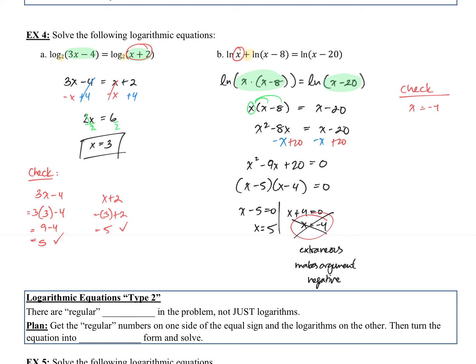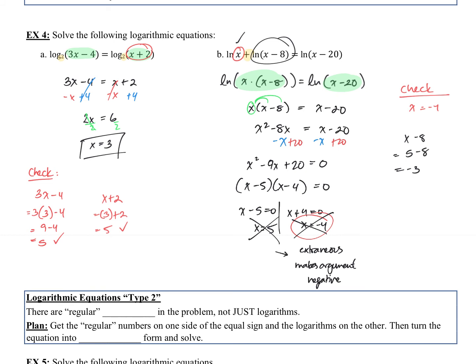Even if it doesn't work for one of the arguments, you can't use it for the problem. Now let's check 5. If I plug 5 into the first one, ln x, it checks out. But if I plug 5 into the next one, ln of x minus 8, that gives me negative 3. So the 5 also doesn't check out.